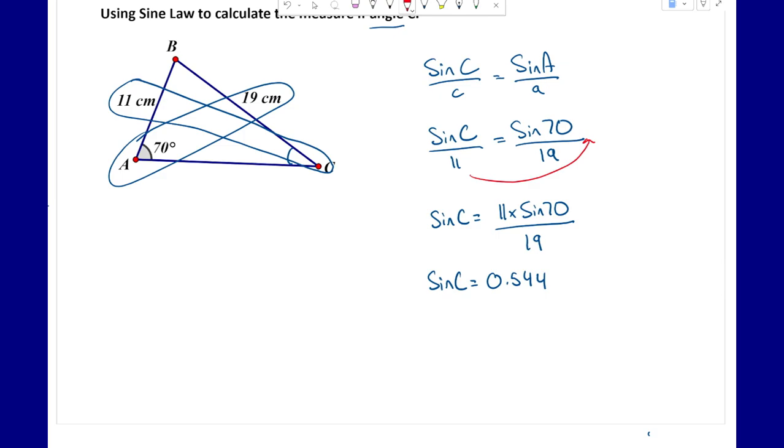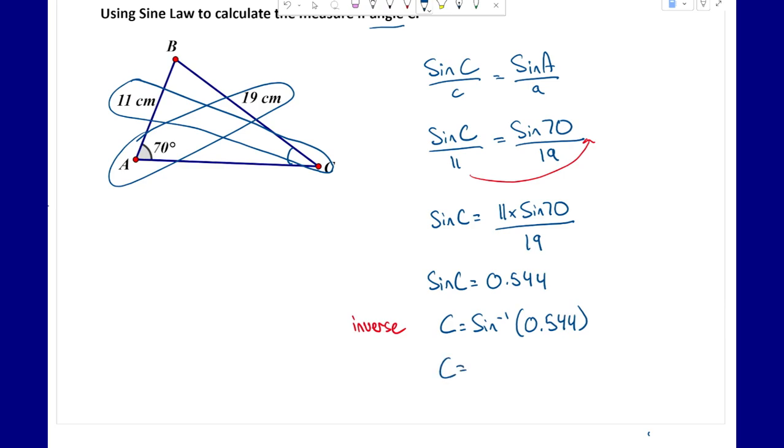If you think back to right angle trig with the sine, cosine, tan ratios, anytime we had to find an angle, we had to use the inverse. So we have to do the same thing here. So I have to do sine inverse of 0.544.